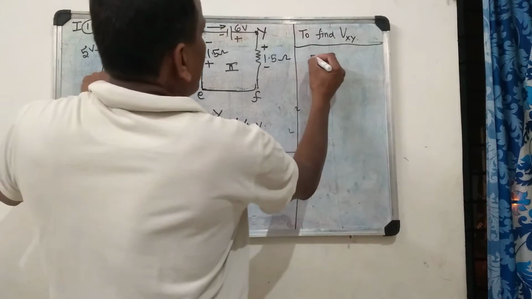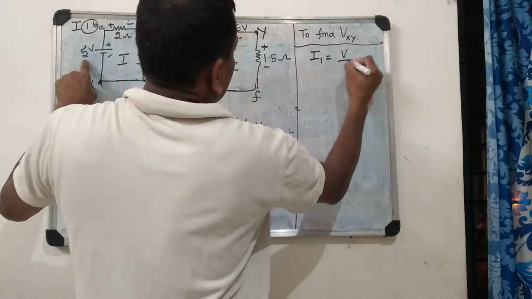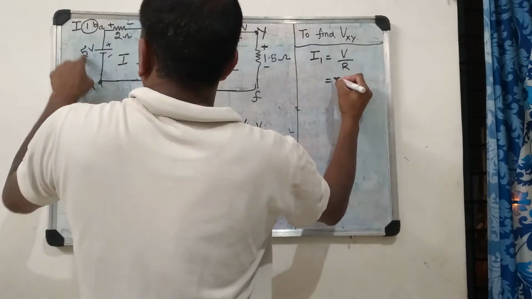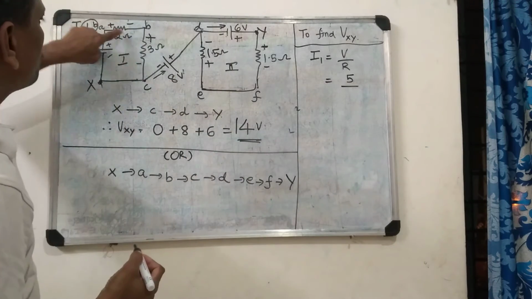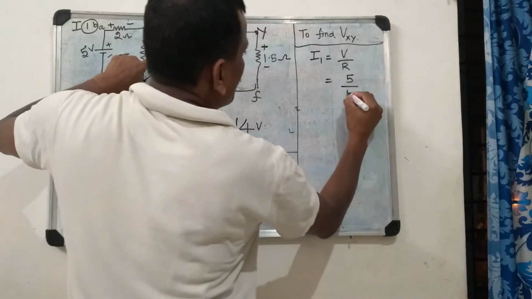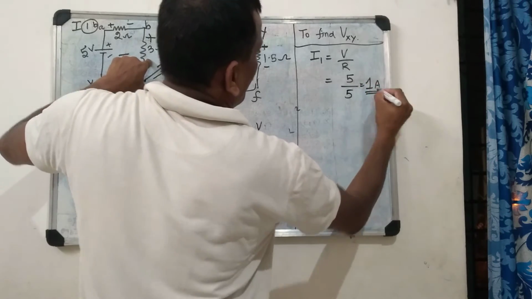In the first loop, current I1 is equal to voltage, which is 5, divided by resistance, 2 plus 3, which is again 5. So 1 amp.